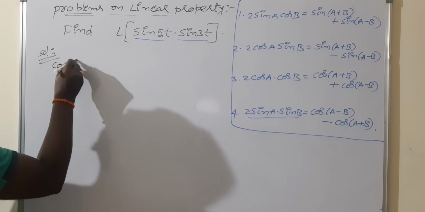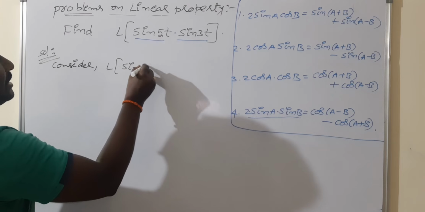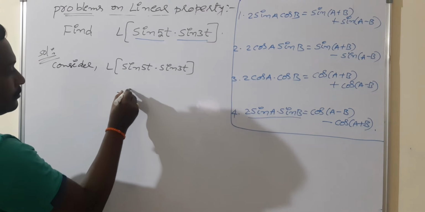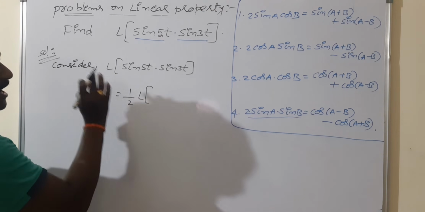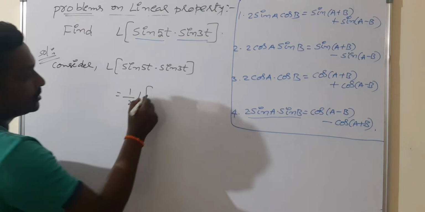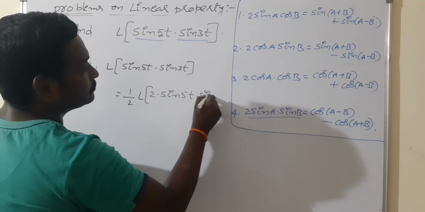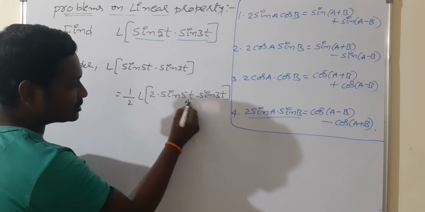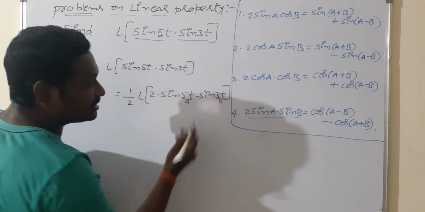Consider the given problem once. L of sin 5t into sin 3t is equal to, divide with 2 and multiply with 2, and write that 2 inside the Laplace. So you get 1 by 2 L of 2 sin 5t into sin 3t. We are observing that it is in the form of 2 sin A sin B. A is nothing but 5t, B is nothing but 3t.